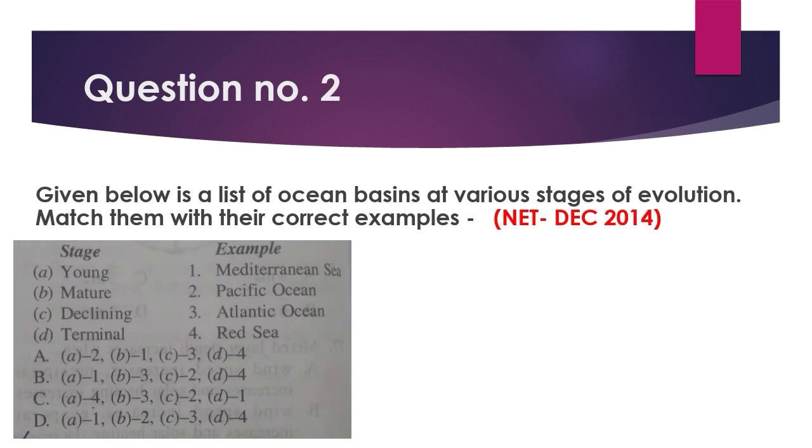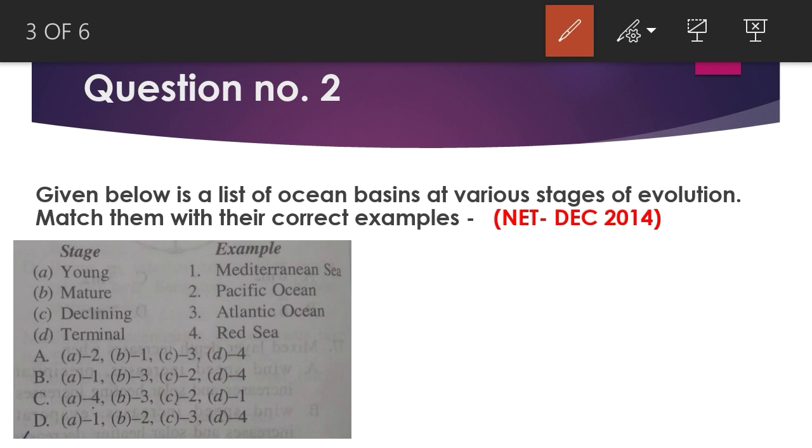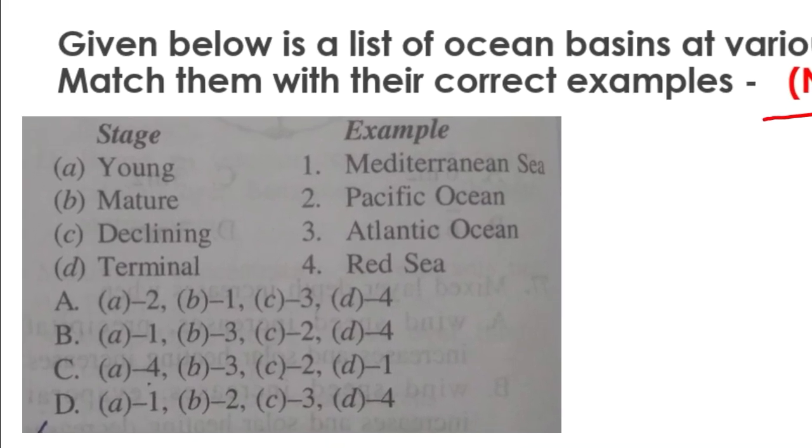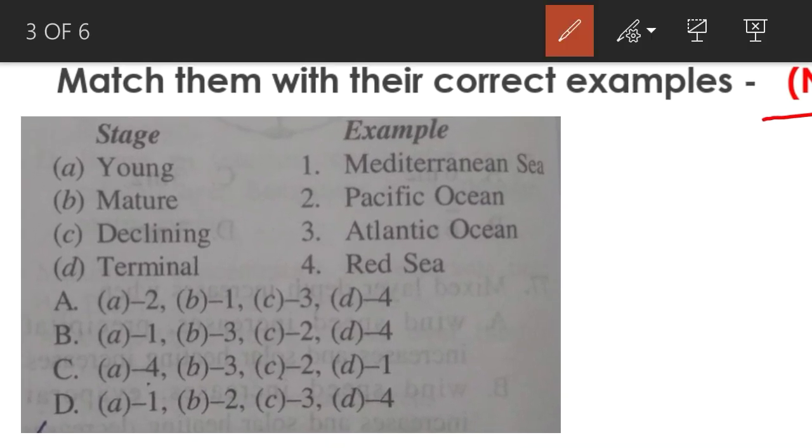Now the second question is, given below is a list of ocean basins at various stages of evolution. Match them with their correct examples. So here I have already discussed a question that belongs to the evolution of basins, but here the question is asked in NET December 2014, and there are some stages given in this question, and the examples of the oceans are also given, oceans and different seas.